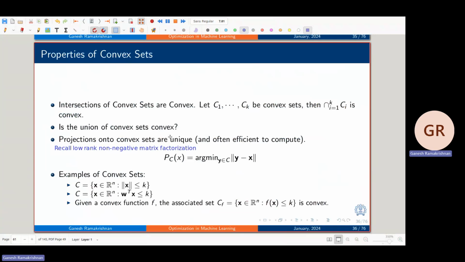So the projection of x into C is that element y in C that minimizes norm x minus y. And this is, as I said, typically the 2 norm. But you could also consider other projections. Behaviors are going to be somewhat less intuitive.